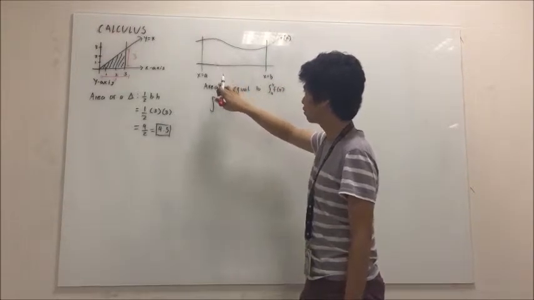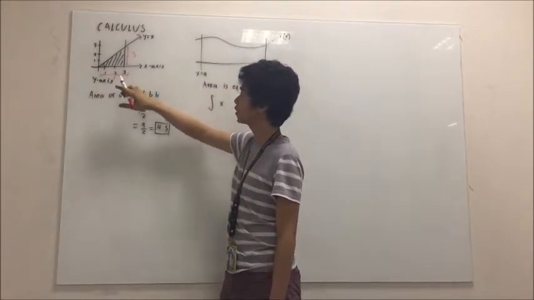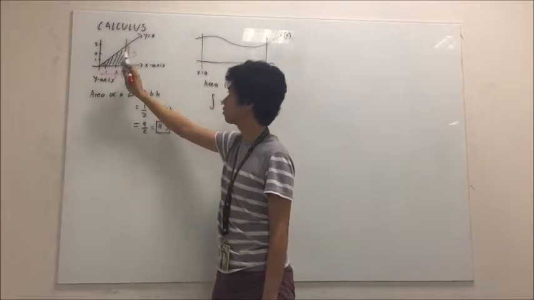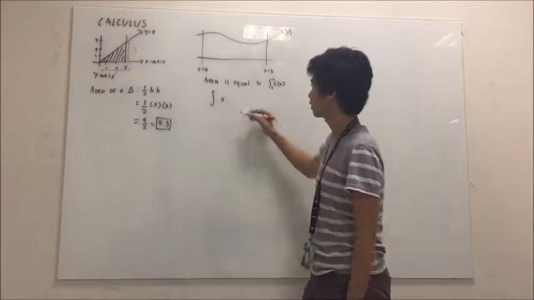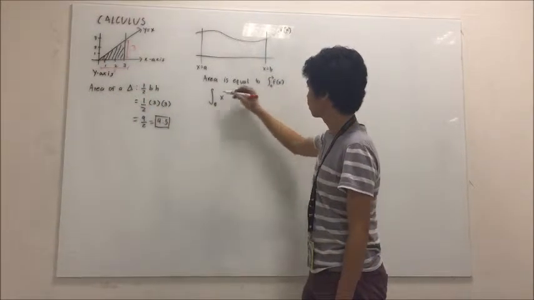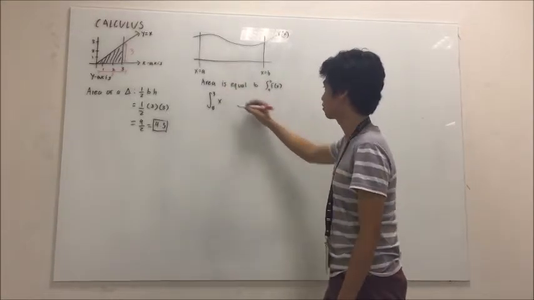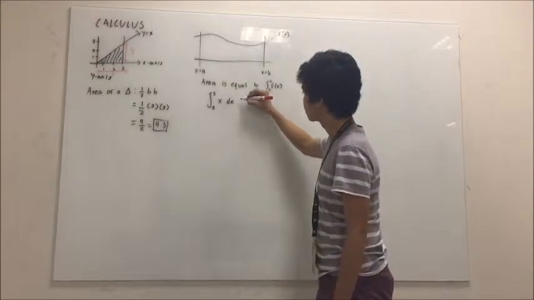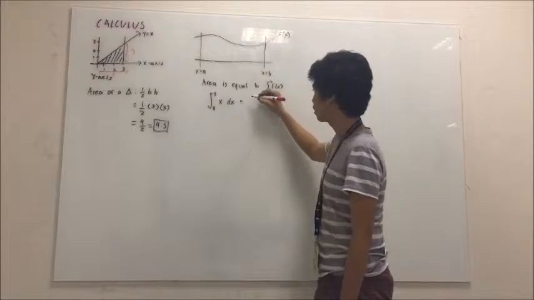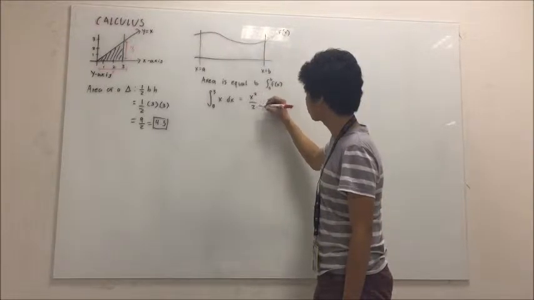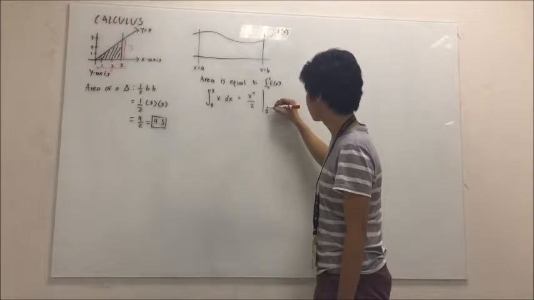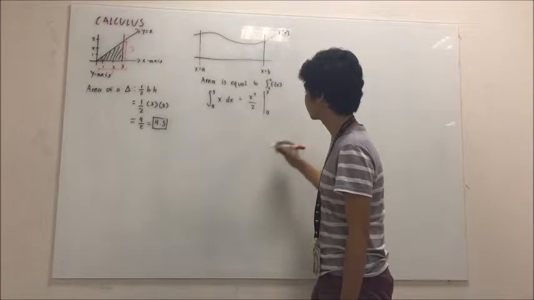For this graph, we can see that the range is from 0 to 3. So dx. If you solve for this, it's actually x squared over 2 evaluated from 0 to 3.